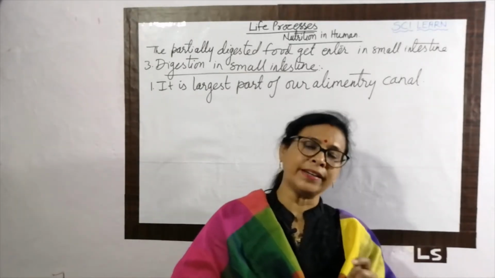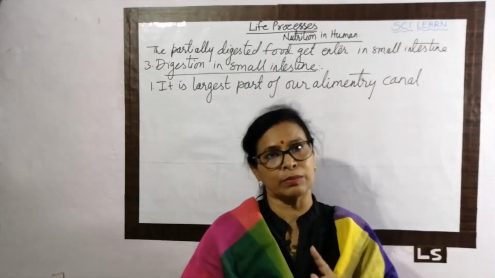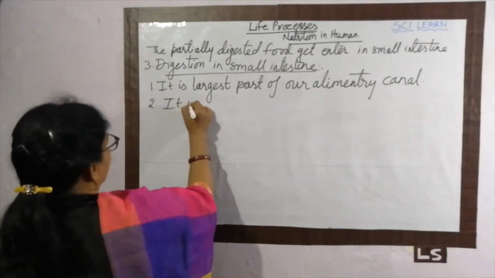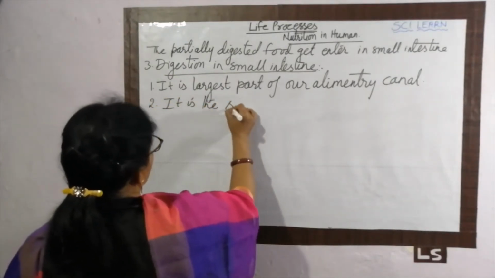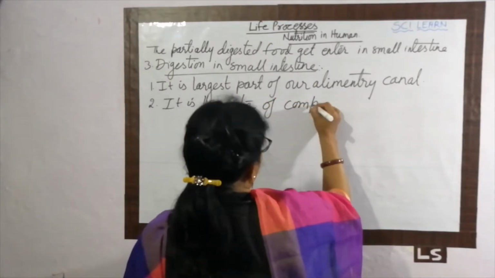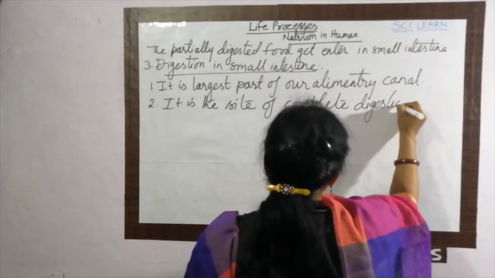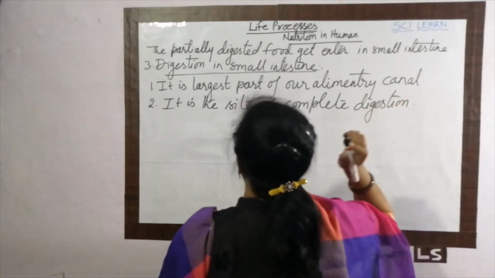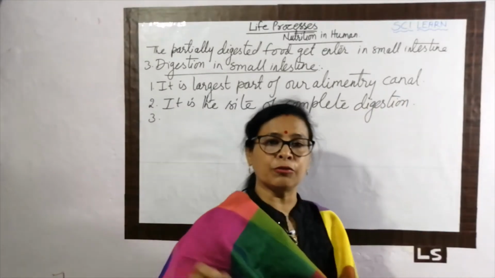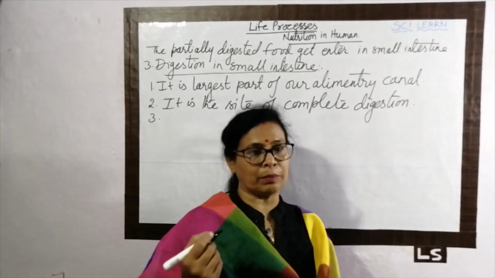Okay, the complete digestion process is completed in the small intestine. So we simply call it the site of complete digestion. Digestion starts from the mouth. Carbohydrate starts to be digested in the mouth because of the salivary amylase. Then food reaches the stomach. The protein starts digestion there because of the pepsin.